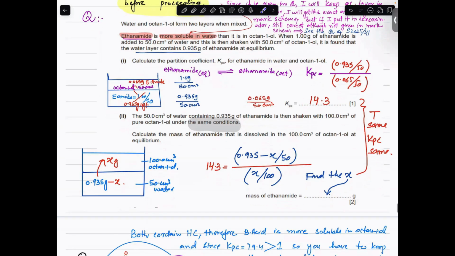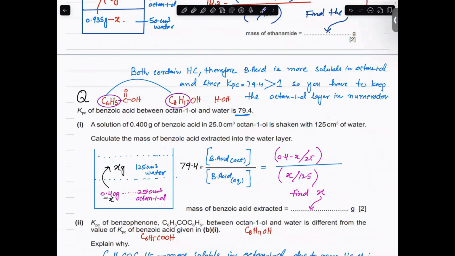Now, another question. Kpc for benzoic acid between octan-1-ol and water is this much. Is this less or more than 1? More than 1.